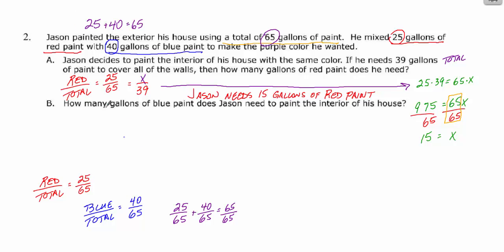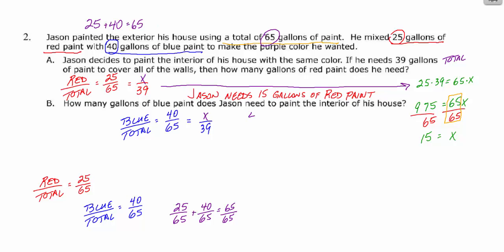Now I'm going to do part B two ways. So the first way I'm going to do part B is I'm going to do the same thing I just did with part A. I'm going to bring up this ratio I started with, and I'm going to say that's great, but now he doesn't need 65, he needs 39. So how much blue will he need? I'm going to have the same cross multiplication idea.